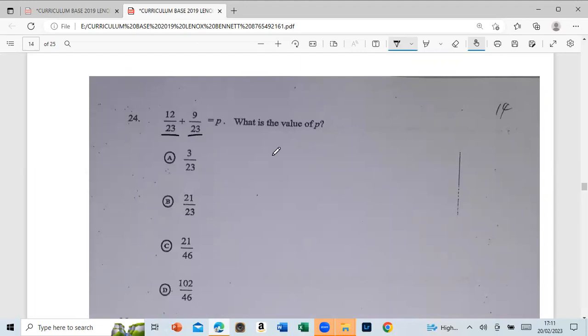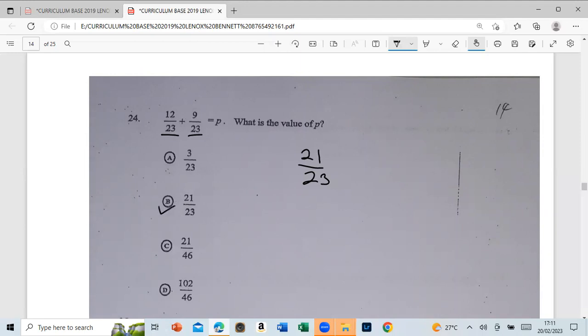What does the rule state when you're adding or subtracting fractions and the denominators are the same? Alright, we simply keep the denominator, which is 23, and we add the tops, so 12 plus 9, that's 21. Don't be fooled by this one, guys, alright?